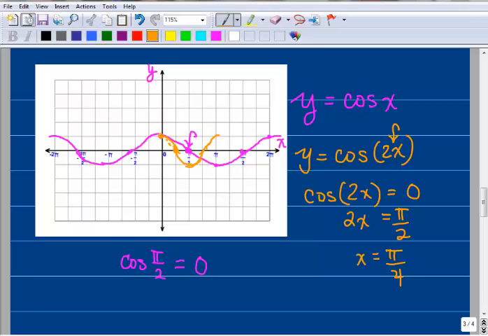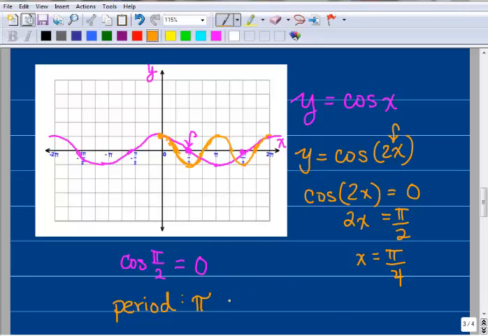So I see one complete cycle of this cosine wave in the region from 0 to pi. And the graph repeats itself similarly, like so. And I see that the period of this function is no longer 2 pi, but the period is pi.